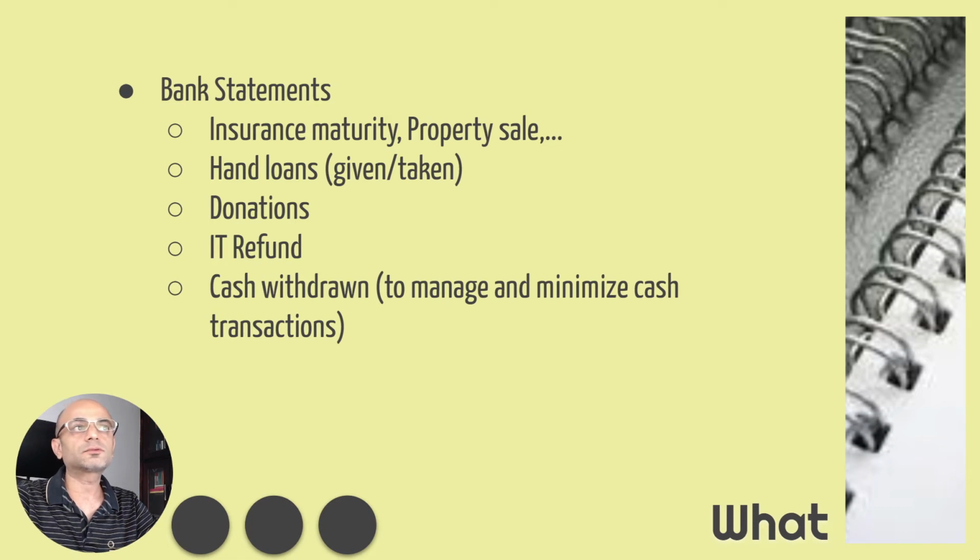Also, some one-off cases, like if you have sold some property or some insurance has matured, and any hand loans you have given or taken, or any donations you have given for tax savings purposes, or any IT refund you have got in the previous year, so that you need to take care of that in the next filing as income.